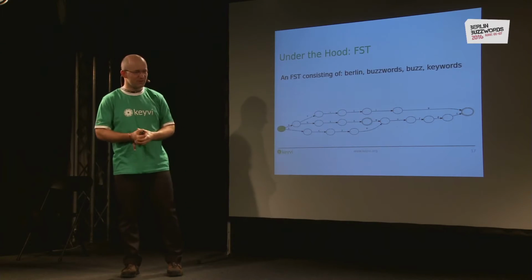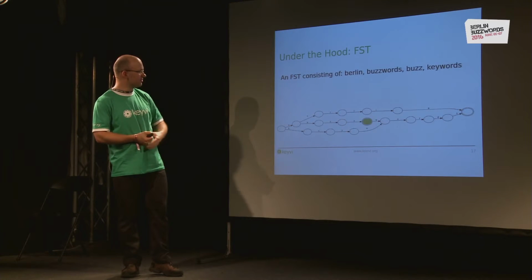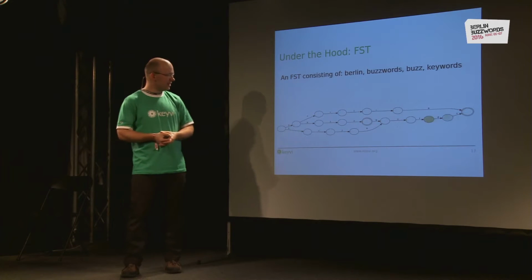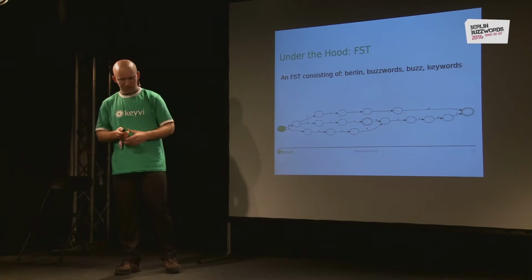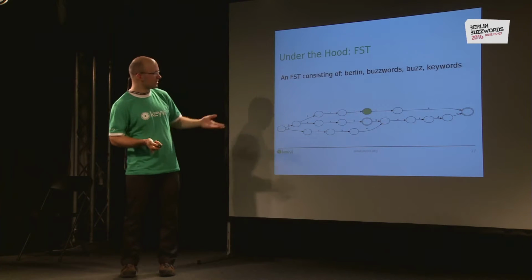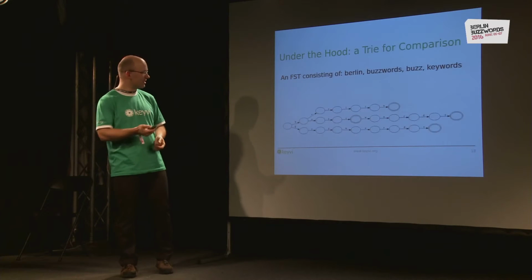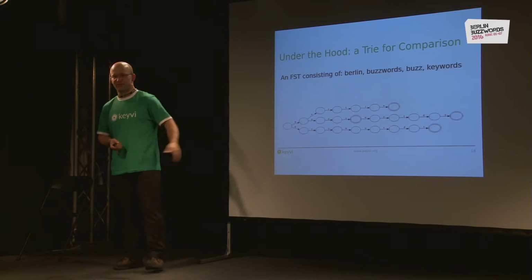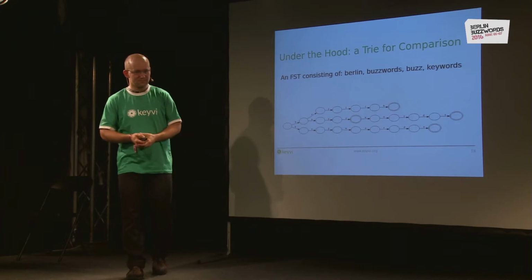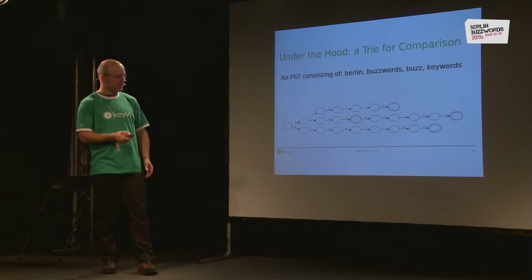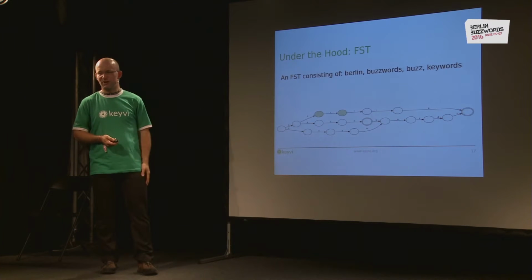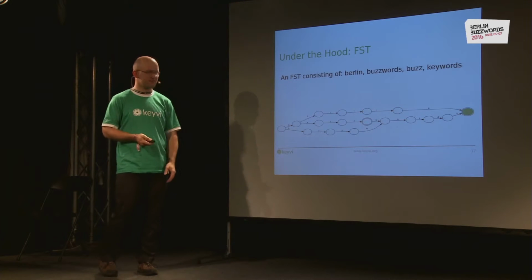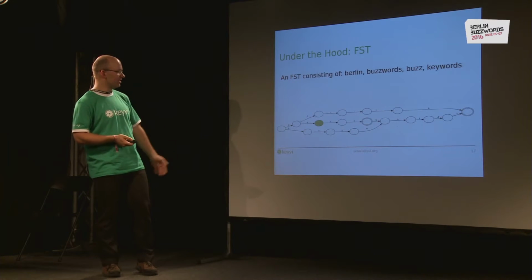I just put 4 words into it for you: Berlin, buzzwords, Sparse, keywords. Some of you know that. For some of you, it looks similar to something you know, probably this one, which is a trie data structure. The difference is that this one has a little fewer circles, right? That's kind of obvious.